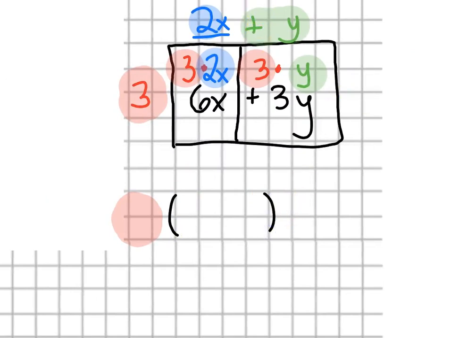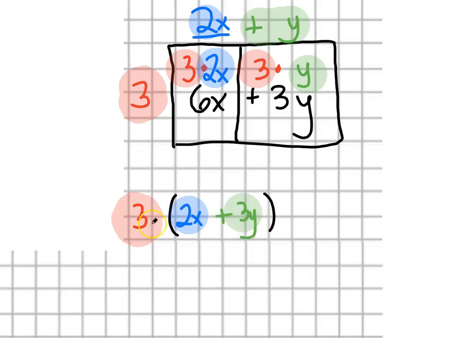The blue number goes in here. Okay, that should be a highlighter. The blue number goes there, and the green number goes there. All right, so I'll put my numbers in. Again, my greatest common factor, my number of groups on the outside. My leftover factors, 2x, and then positive 3y on the inside.